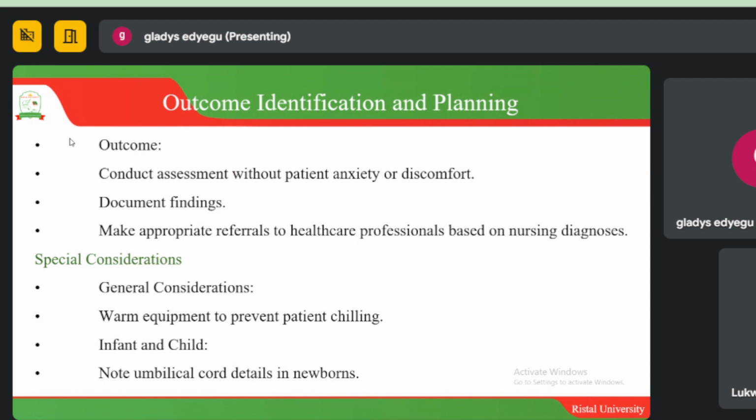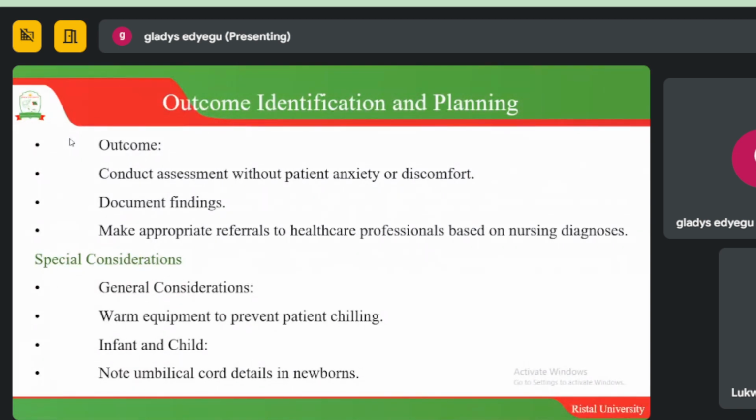So it's good for you to document everything that you do and what you pick from your patient, so that you can use it as a reference, you can use it as evidence, you can use it even in case of any legal issues. They may say how, when, and all that. So this can act as a defense to you, that this is the information the client gave me by himself and he used it for the management or for any other purpose for the benefit of the patient.